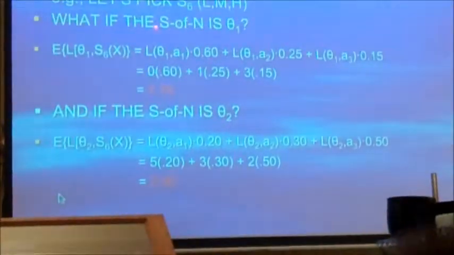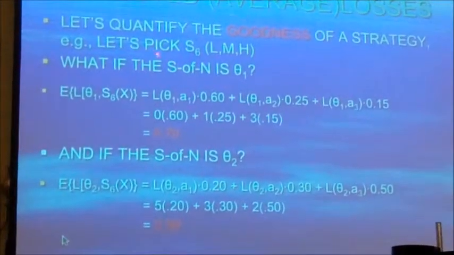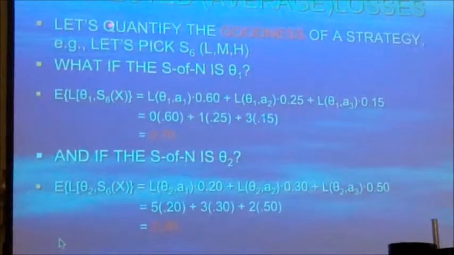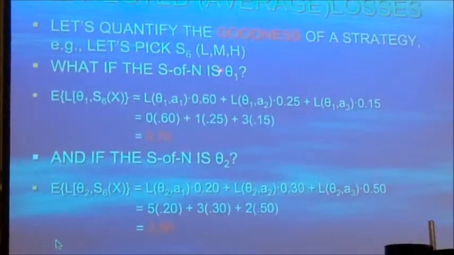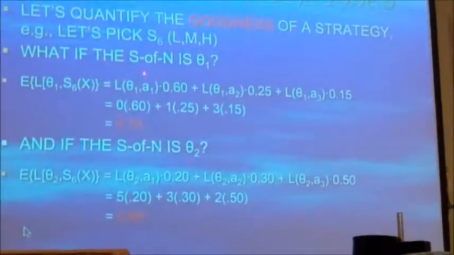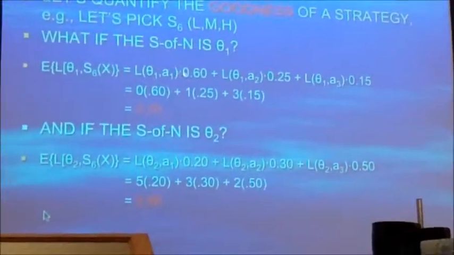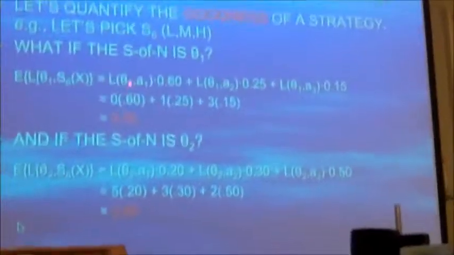Where did the 60 come from? That was the weather forecaster, right? The weather forecaster correctly called sunny weather 60% of the time. So 60% of the calls will have a loss of L(theta 1, A1).